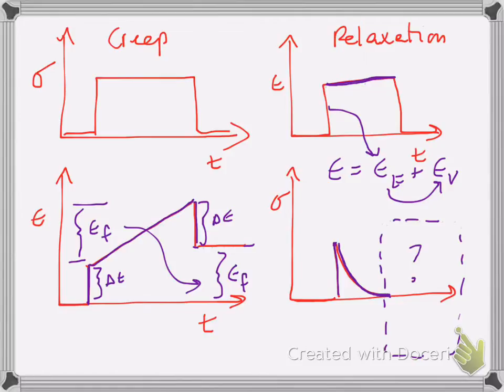So what happens next? It's not necessarily a simple mirror image of the turning on the strain, because we've now relaxed and created this, which was initially a recoverable elastic strain. By the time we get to this point, it's been a permanently deformed viscous strain.